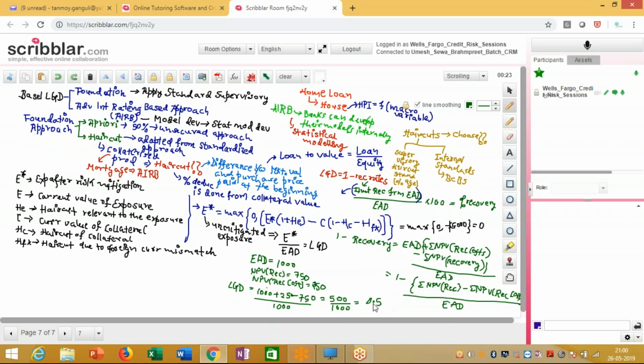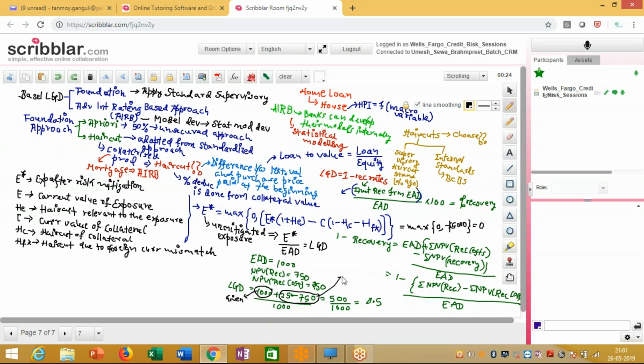Now in an LGD problem, when I'm trying to define the LGD, the exposure is given or it's observed. I know, okay, this record defaulted and this EAD over here was given. So the predicted part is this.